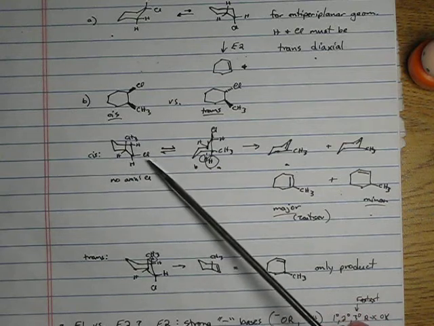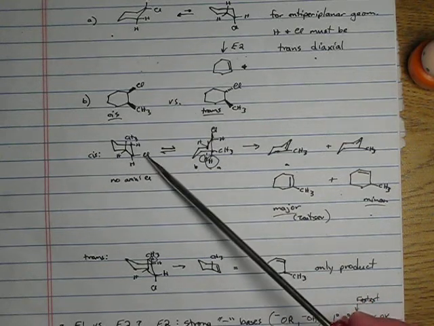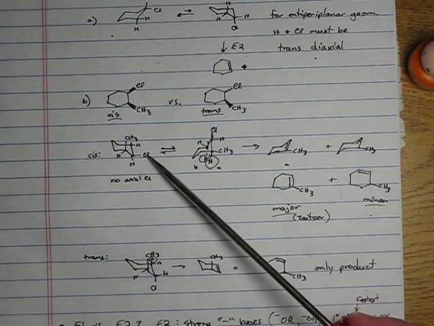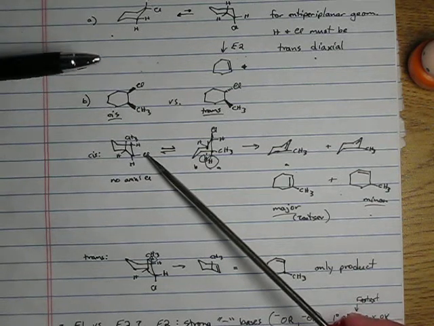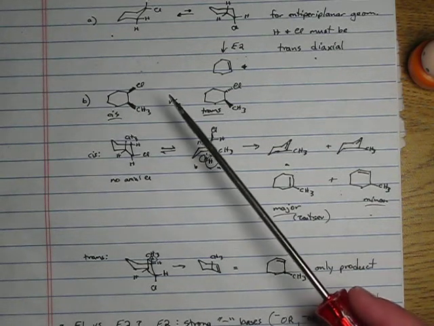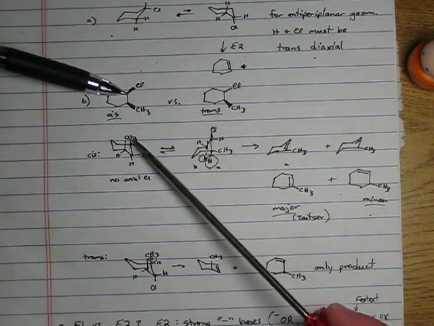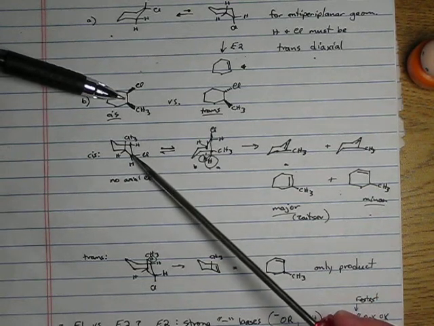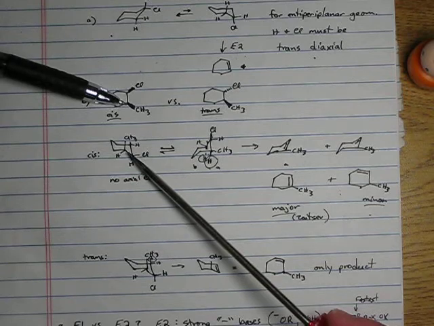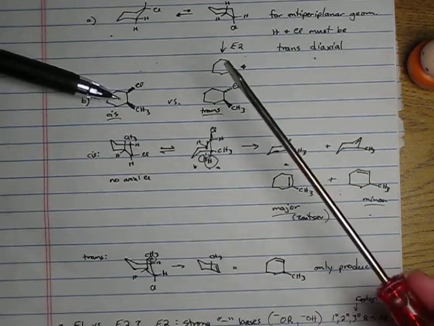So I drew it in the chair conformation here. I put the chlorine. So this carbon here that contains the chlorine is this one here. I have it going down, and the methyl is the next one over right here.